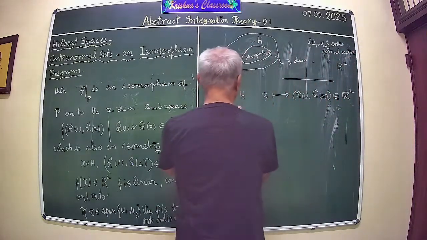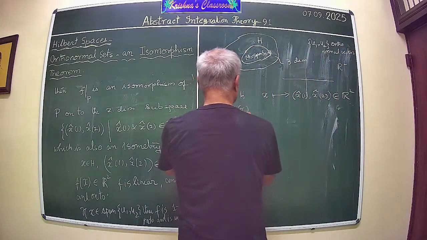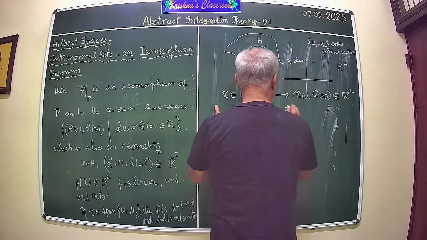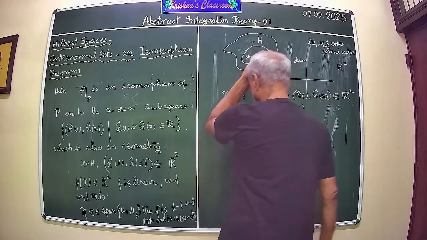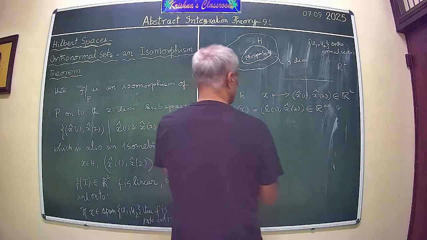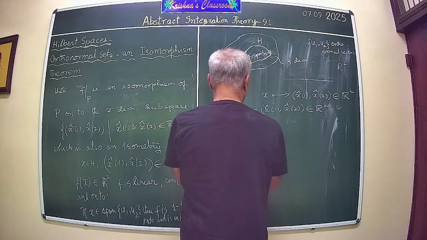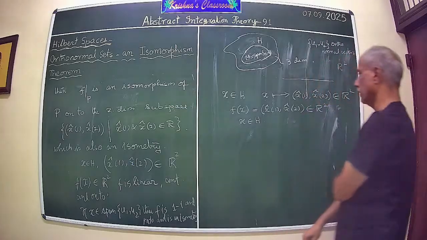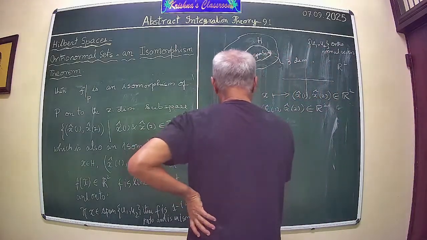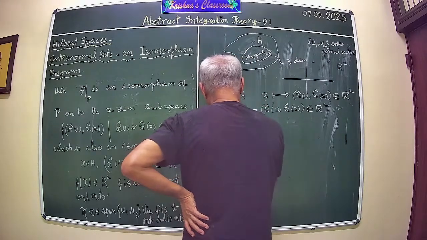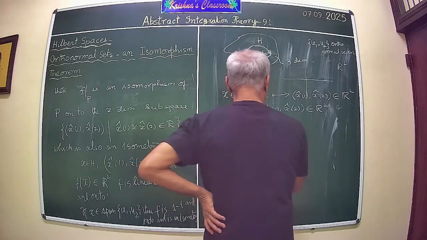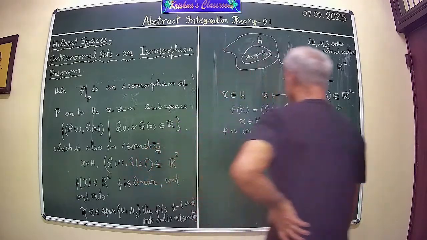Now you are writing a function. This is in R2, X belongs to H, this is the scenario. What we can say about this map is that F is onto R2.